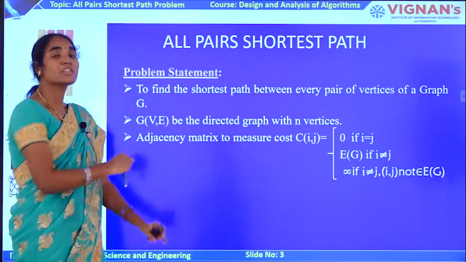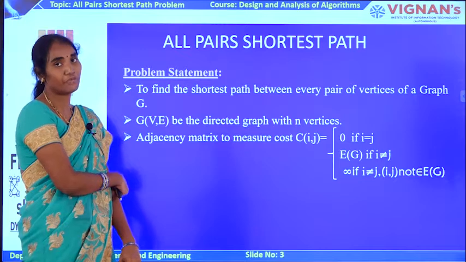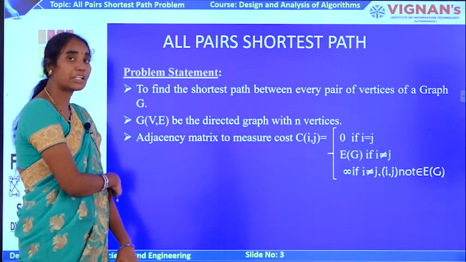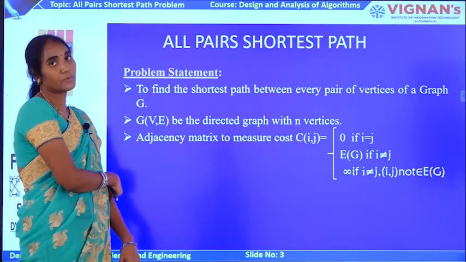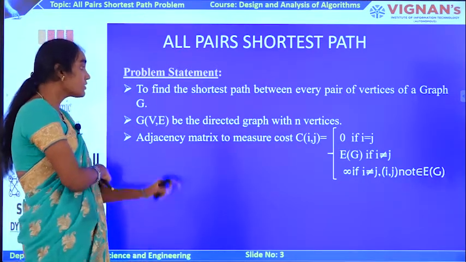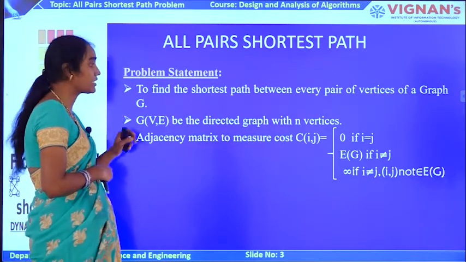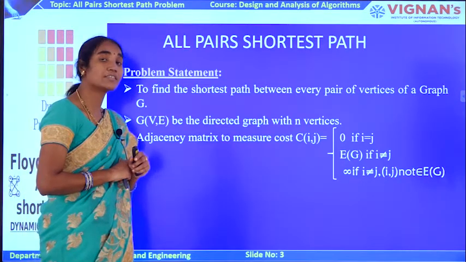Basically, G is a given graph, and G consists of V, which stands for vertices, and E, which stands for edges. The given graph is a connected graph consisting of vertices as well as edges, and this is a directed graph with n vertices. Basically, we need to write the adjacency matrix.